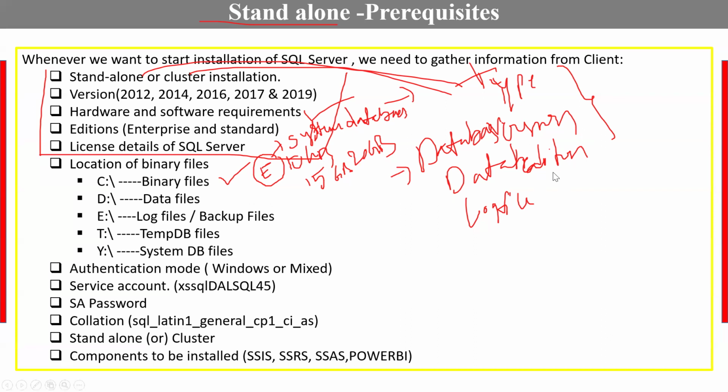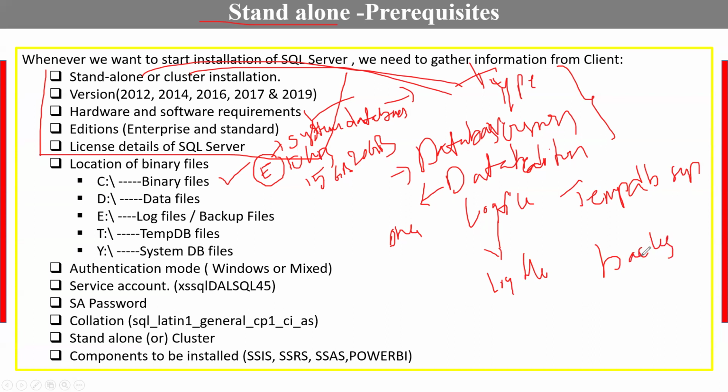Next, always try to encourage keeping the data files in one drive, log files in one drive, TempDB in a separate drive, and backups in a separate drive, as per best practice.